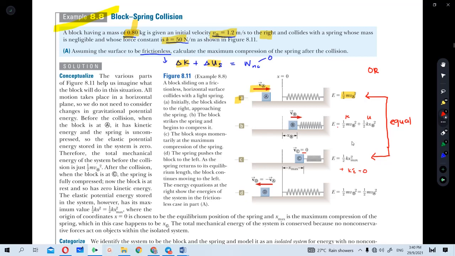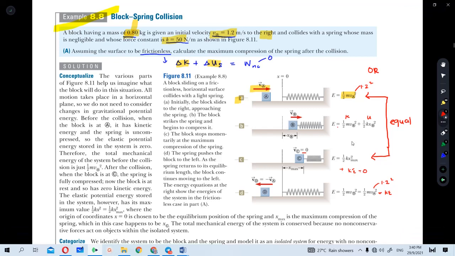So that's the reason half k x squared, and we say that this is maximum compression or displacement. Okay. And then, the moment it returns backwards, provided there's no friction, energy is conserved. So, you expect that the whole energy would later on be converted back to kinetic energy. So, that's the reason why half m v squared indicates that if this is 1.2, then this is 1.2 squared, so it gets back what it has given earlier.